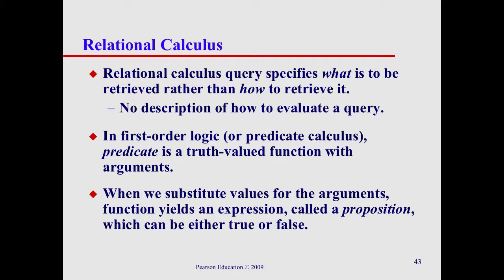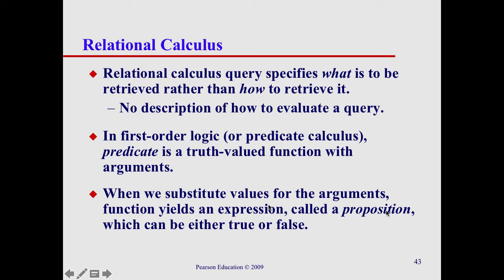So all you're doing is iterating over all the tuples, in this case in the staff relation, and for each tuple you substitute in the value for salary, and the so-called proposition that results is either true or false. And if the proposition is true, then you include the tuple in the result. So you start with a predicate, and then when you substitute in specific arguments, it is called a proposition, and it's either true or false.